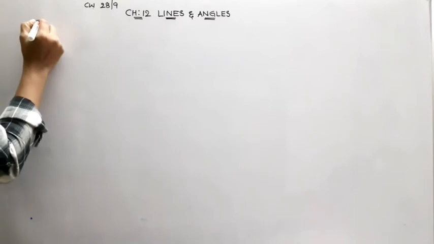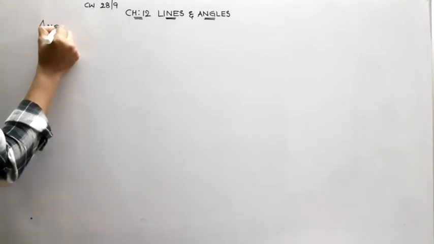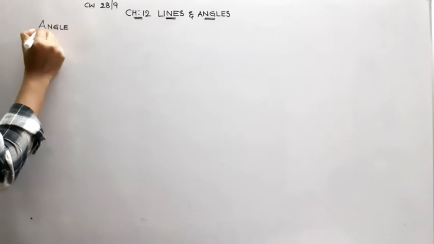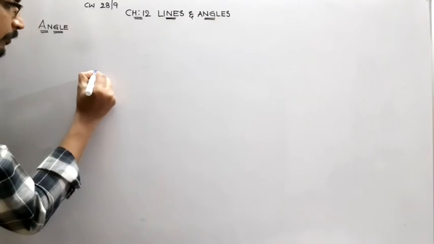Okay, now we are going to deal with angle. What exactly the angle is in mathematical terms, how to represent it, how we can form an angle, those things we are going to discuss now. So check the board. Look, I am marking a point A on a plane.